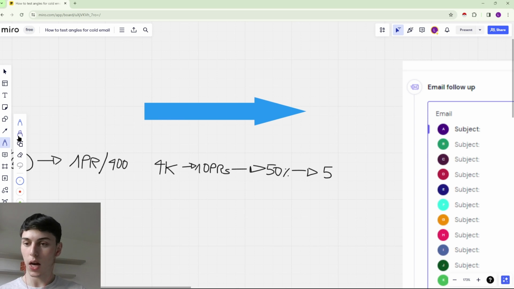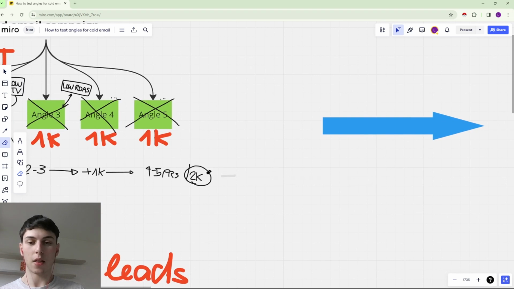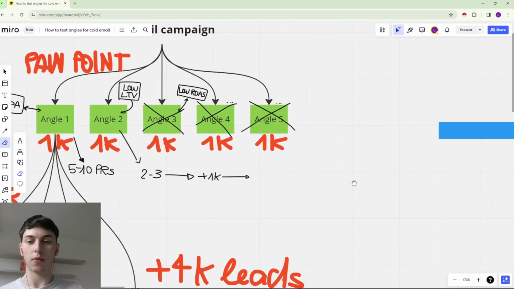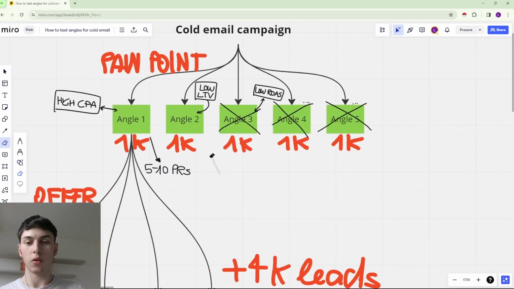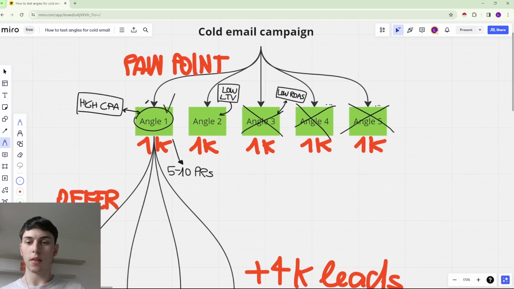However, this is not the approach that I would really recommend, because there might be another angle. In this case, we'll pick, for instance, angle number 1 that has worked better. Let's say this angle has gotten you 5 to 10 positive replies. Now you know that out of those 5 angles, angle number 1 is the best performing one.